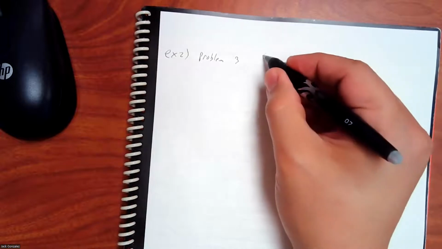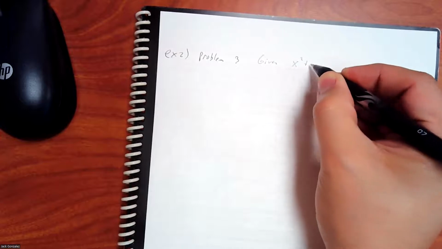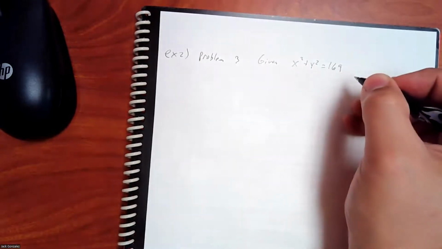Okay, so given x squared plus y squared equals 169.